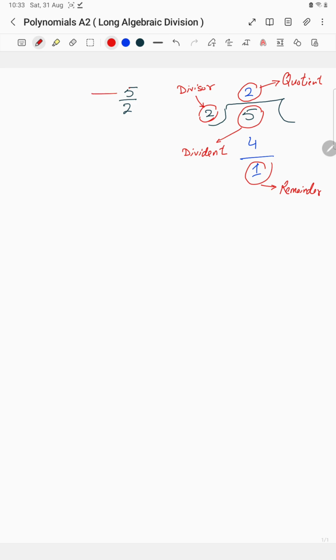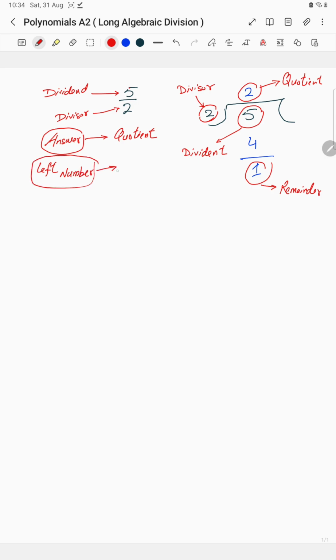The numerator is called what? Dividend. And what you are going to divide with is the divisor, and the answer we call the quotient, and the left amount, the left number, is called the remainder.